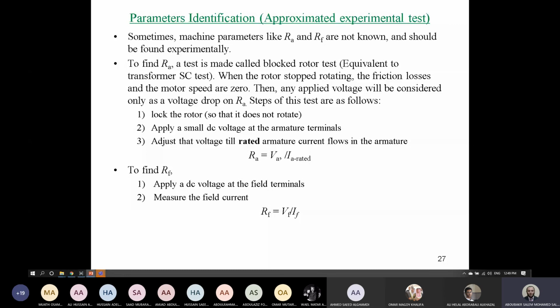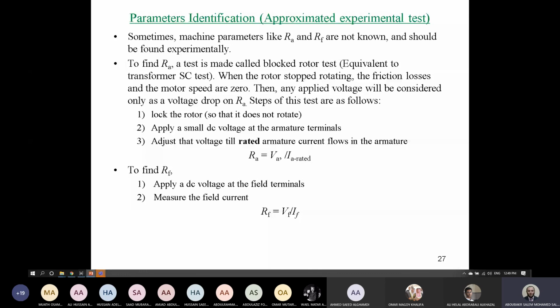And this experiment is very important because you cannot control the DC motor without getting all of the machine parameters. However, this experiment is a bit complex and cannot be discussed in our classes here. But we can define the parameters of the machine approximately using some tests.